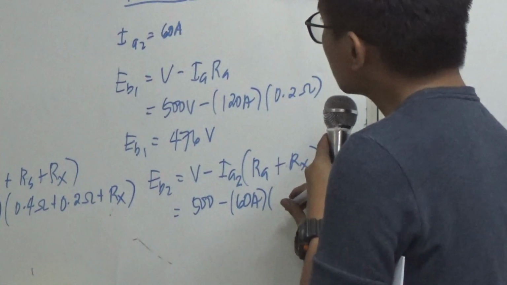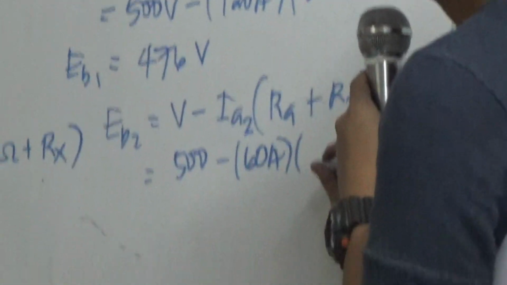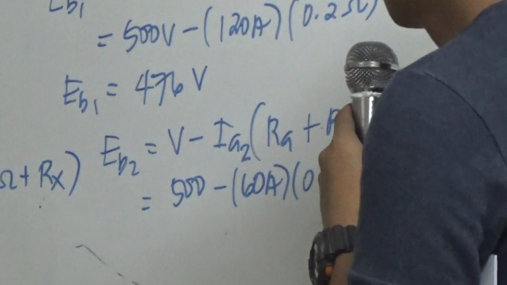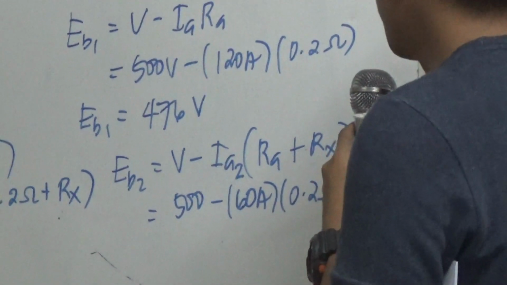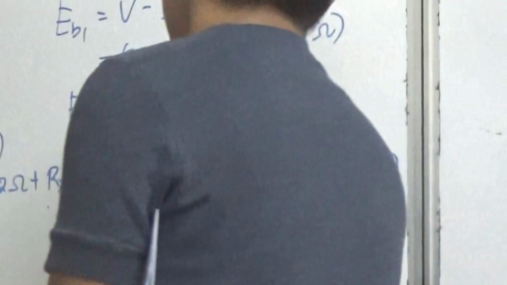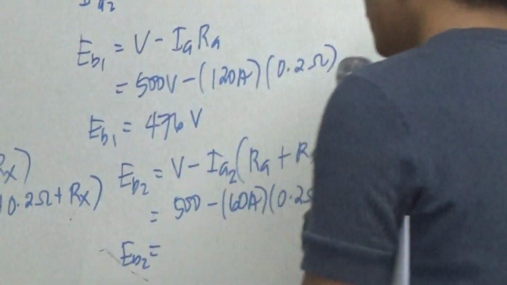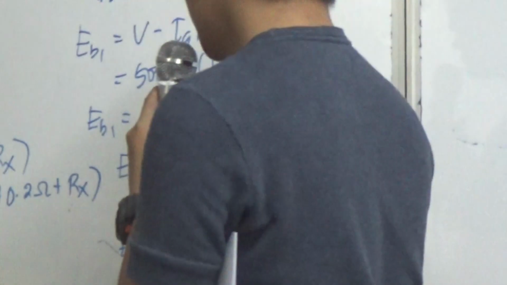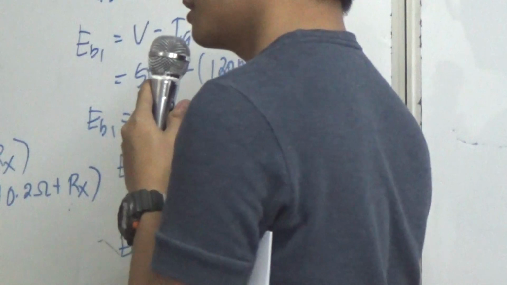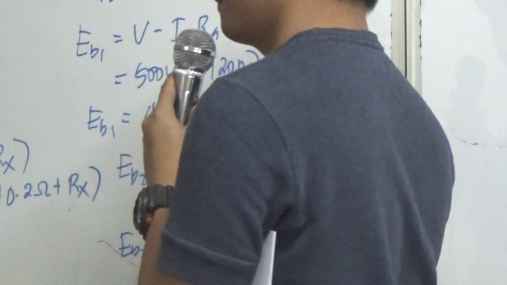RA natin is 0.2 plus 0.5. So, ilan? 458. Sakto.